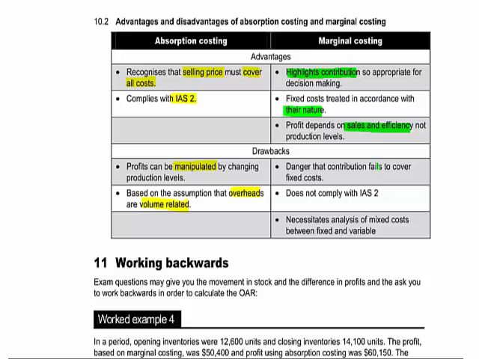But there's a problem that we might not cover the fixed costs. We need to do an adjustment for the statutory accounts, and we need to analyse our mixed costs into their fixed and variable elements.